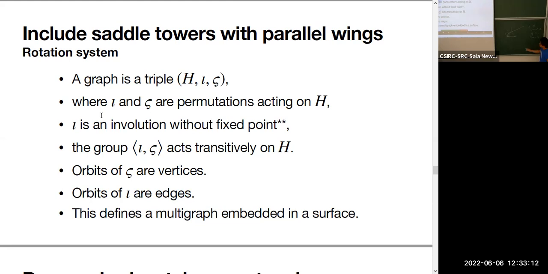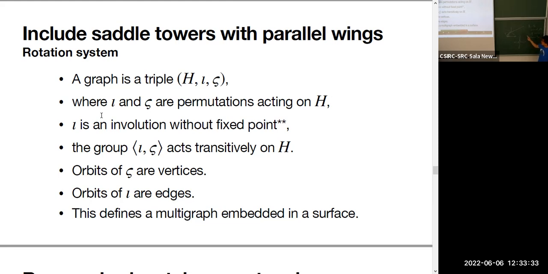if we draw the minimal surfaces, if I have a saddle tower, for example, this saddle tower is Alice. But if we see it from far, far away, these two parallel wings would collapse to one, and we cannot distinguish it.